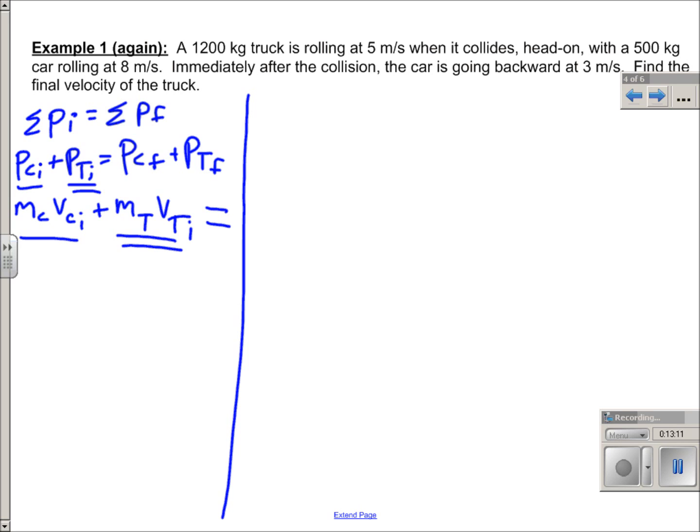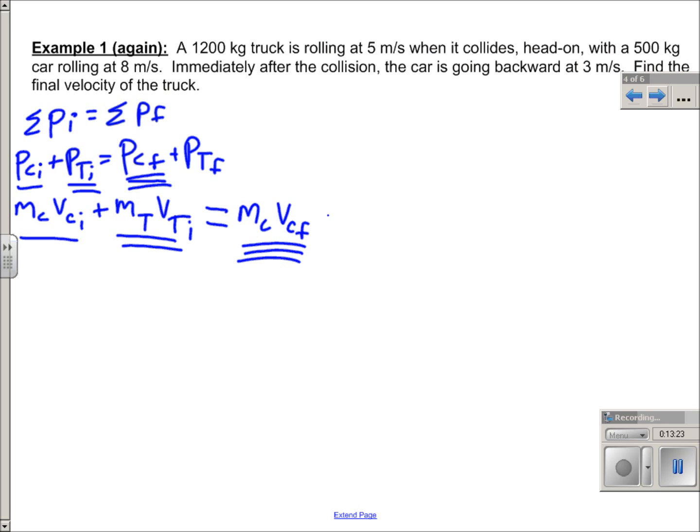equals the mass of the car times the velocity of the car final plus the mass of the truck times the velocity of the truck final. Okay, so what we've got here is one giant equation, right?